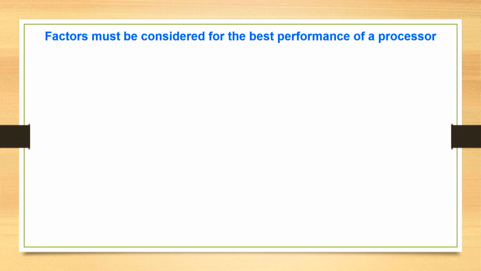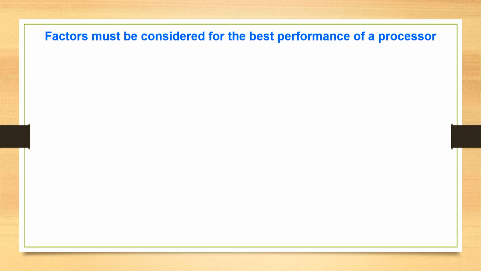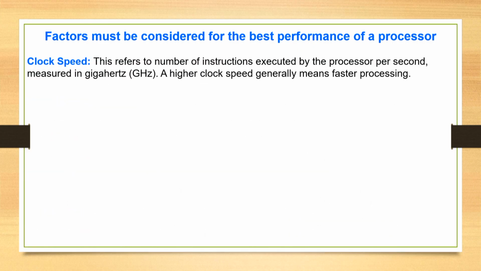Once we know what the CPU is and what the components of the CPU are, the next question that comes to our mind is: which processor is more suitable for us? For that, we should know on what factors the performance of a CPU depends. These are the following factors.